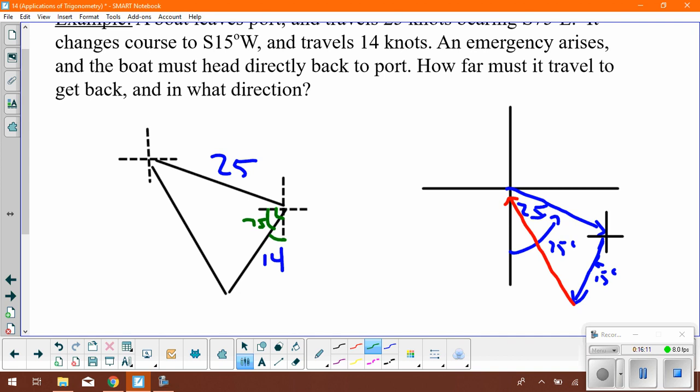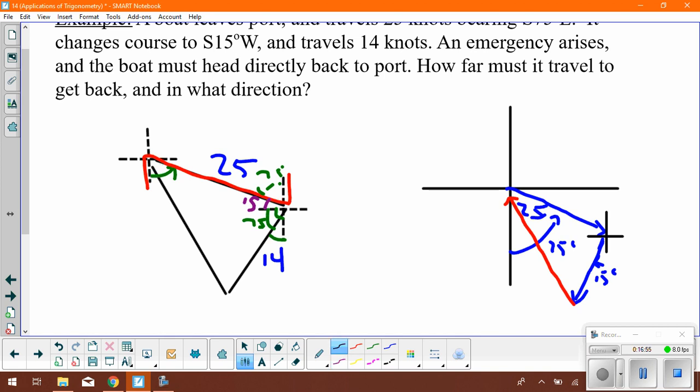For the other corner, this is going back to your grade 9 for a second. We said this angle up here was 75, because it was the whole south 75 east. If I draw this on here, this might look a little familiar. That's the Z pattern. That means this angle over here is also 75 degrees, which means the angle inside here is 90 take away 75, or 15 degrees in that corner.